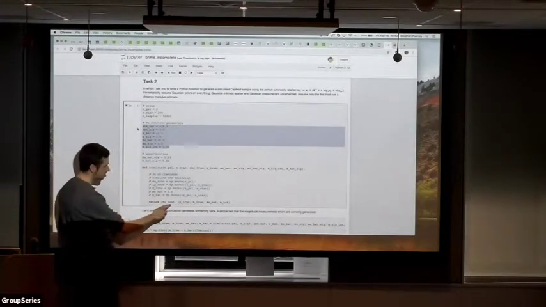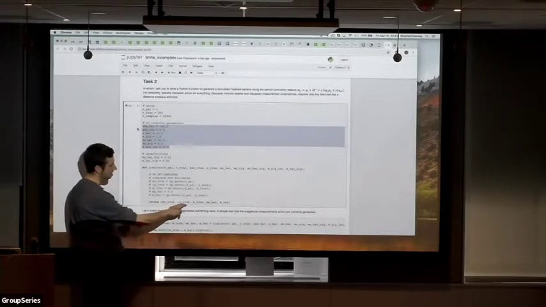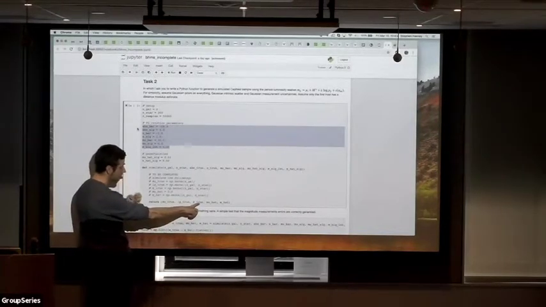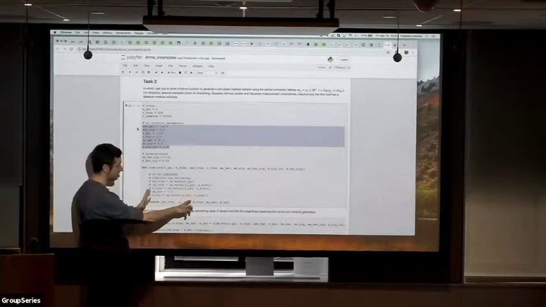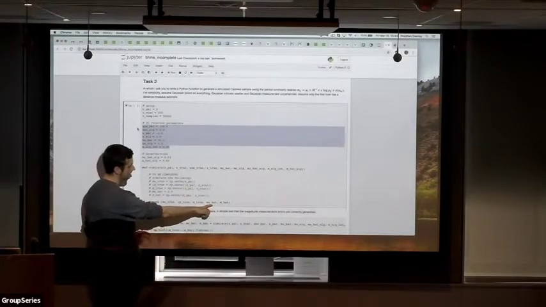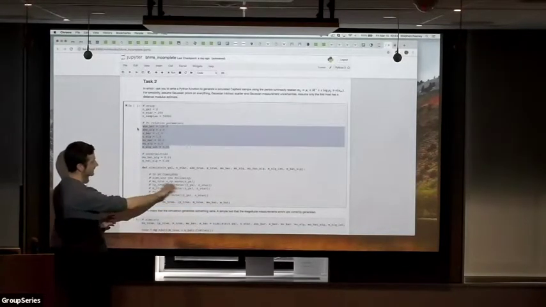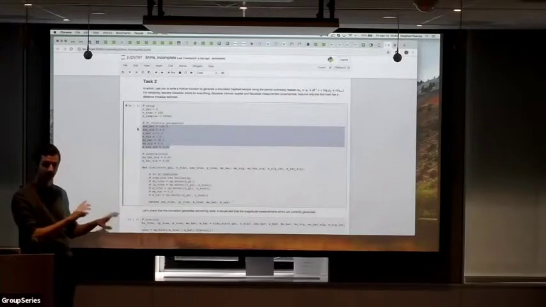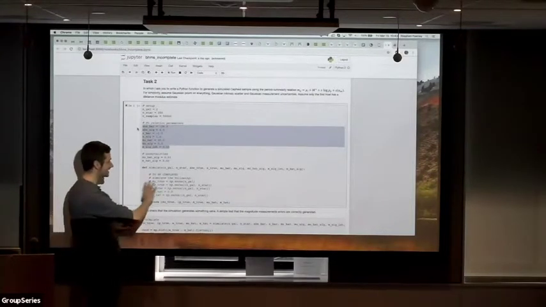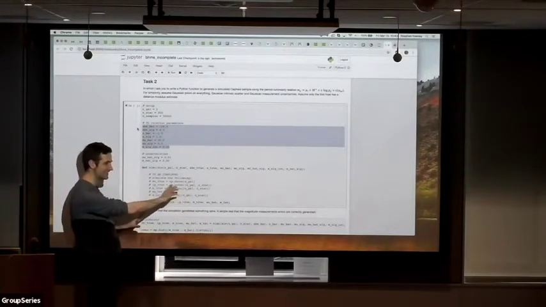So these are true distance moduli, true log periods, true magnitude, true apparent magnitudes, and then an observed distance modulus and an observed magnitude. For the rest of the thing to work, you need to generate them with these sizes.